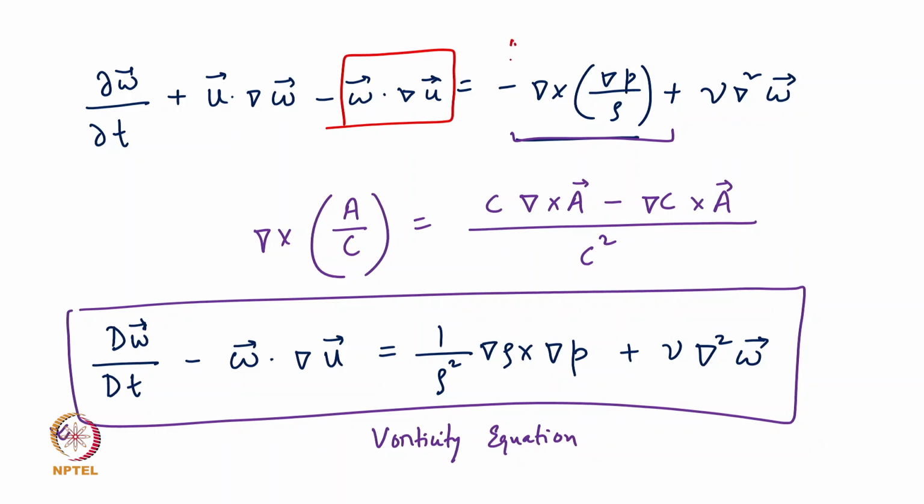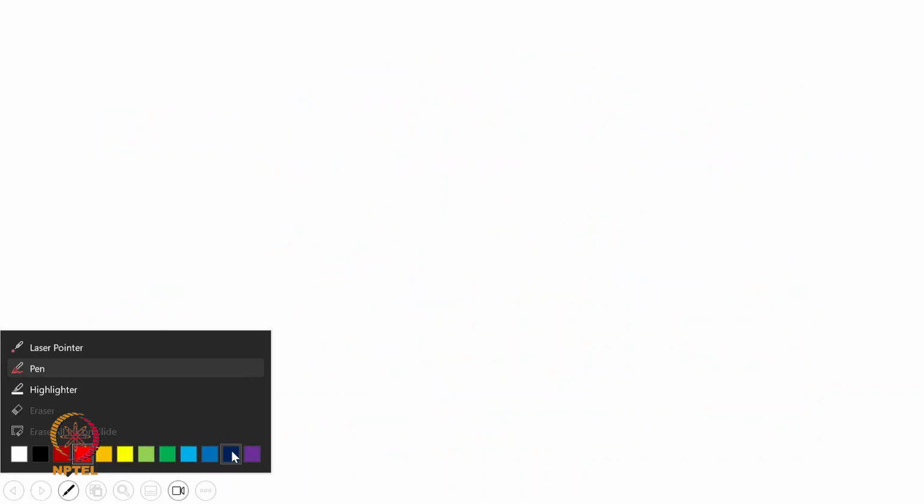The first term is this omega dot del u, and the second term is this term, and we'll see what each of these terms mean and how they are responsible for generation of vorticity. These don't appear in the momentum equation, they appear especially in the vorticity equation, and that is the reason why we need a simple discussion of what each of these terms mean.